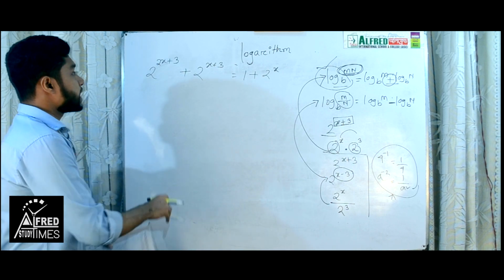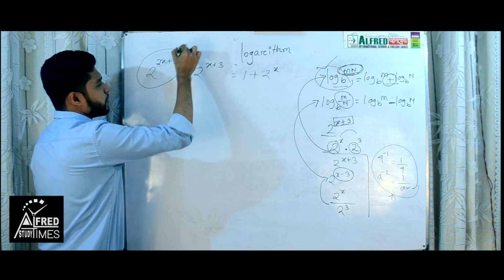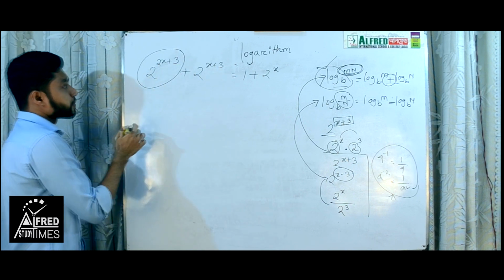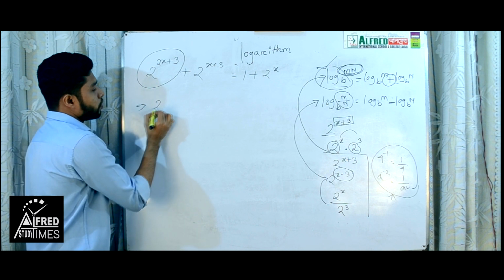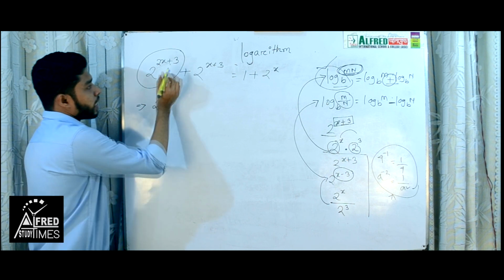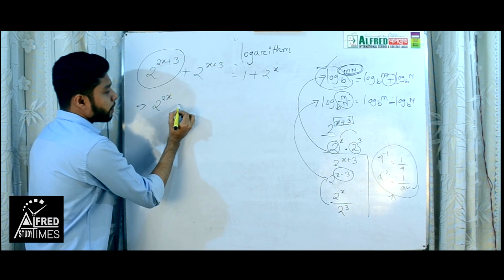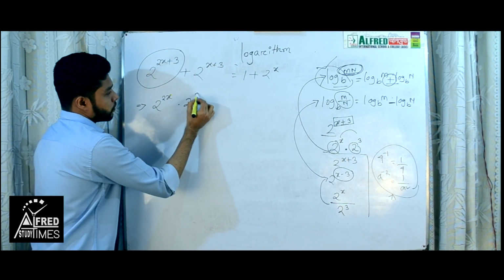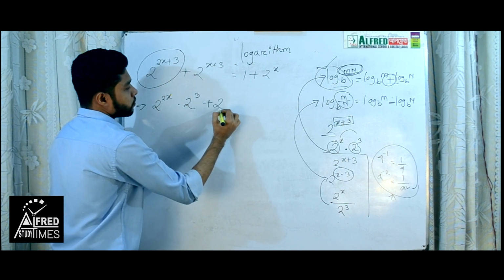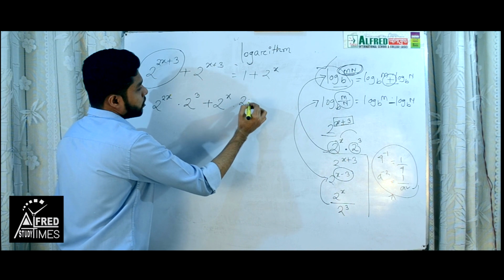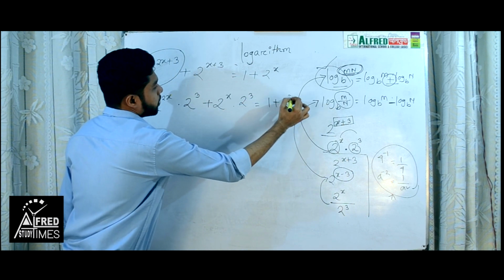So this is my previous math, I will do it here. So here we can write 2 to the power 2x. Here is my plus sign. Then we can write it as multiply, 2 to the power 3, plus same, 2 to the power x into 2 to the power cube is equal to 1 plus 2 to the power x.